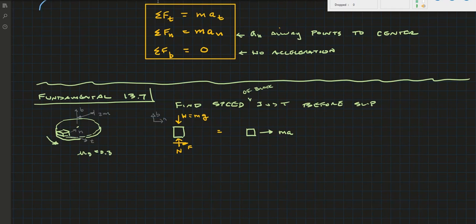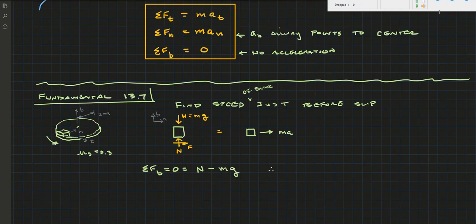There is no acceleration in the B direction. So let's figure out what the normal is, and we'll start by summing forces in the B direction, and we get N, I'm defining B positive up, minus mg.